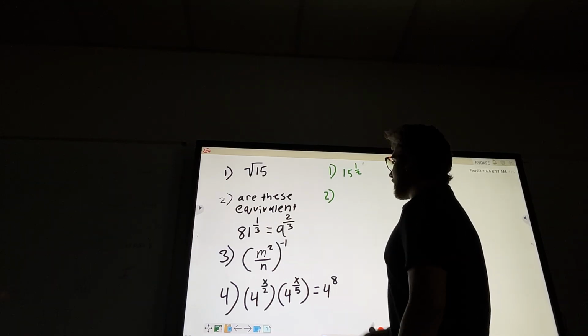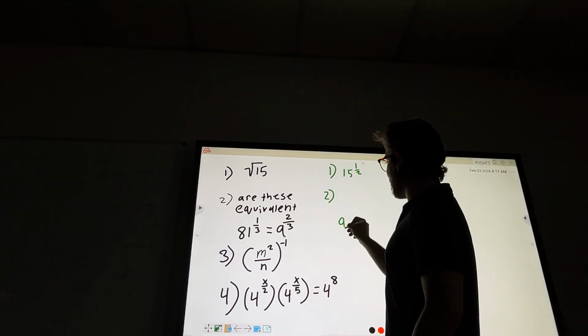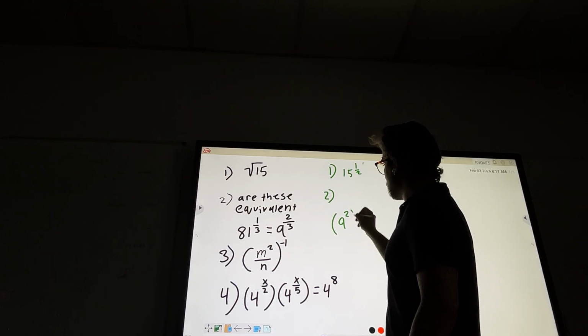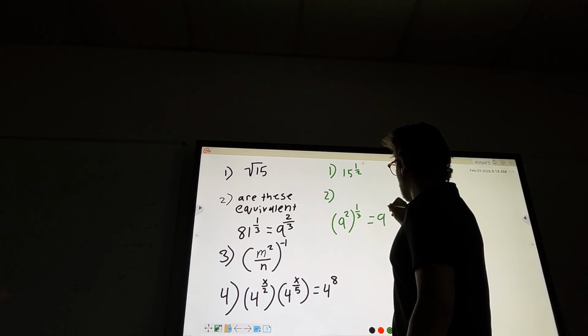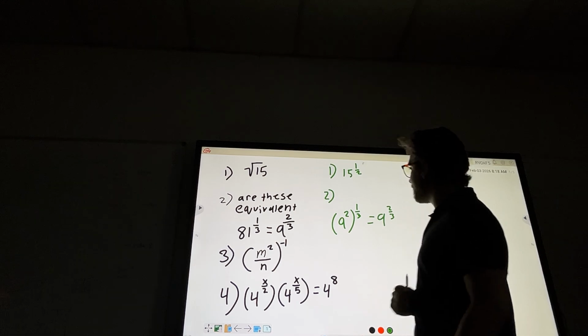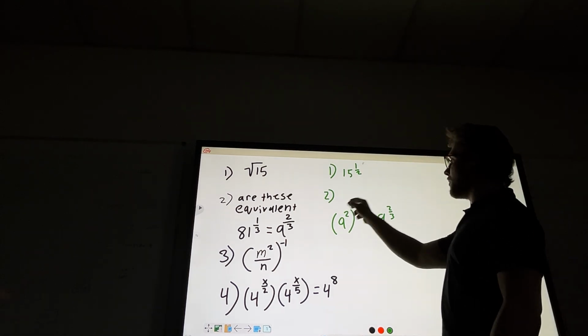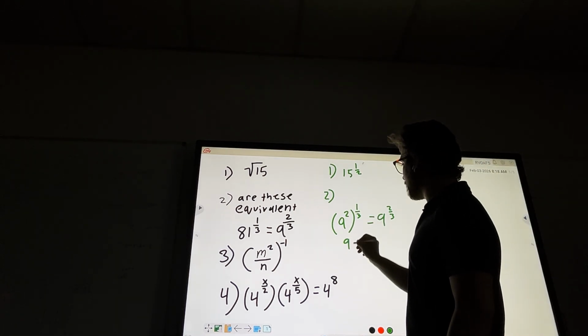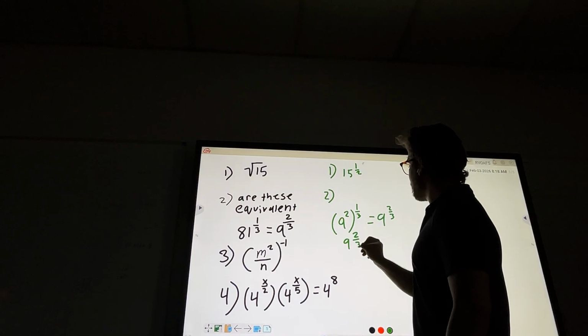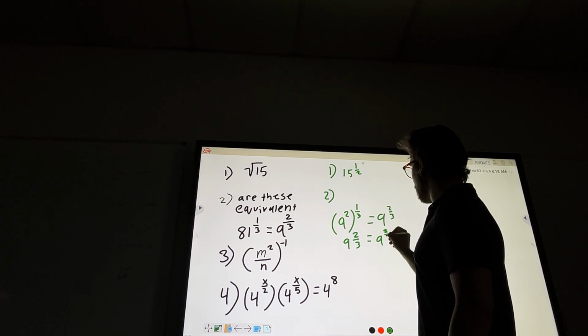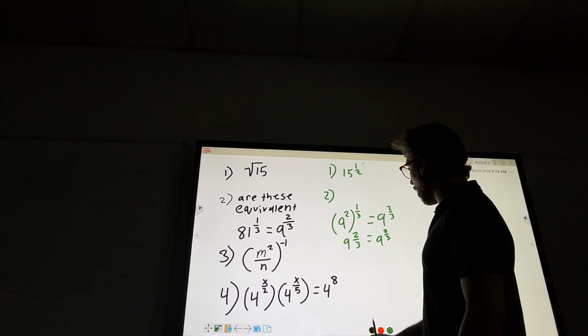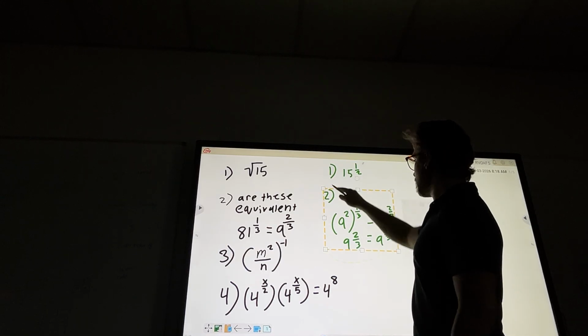This 81 we can also write as 9 squared, to the power of 1/3, equaling 9 to the 2/3. When we're multiplying fractions, this will be 9 to the 2/3, equals 9 to the 2/3. So those are in fact equivalent.